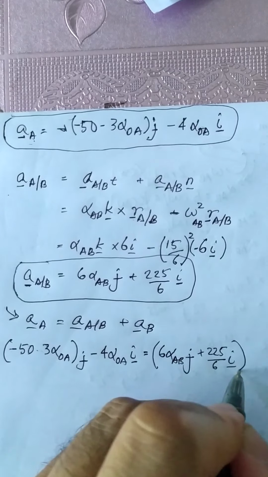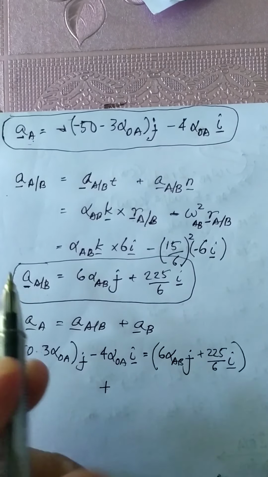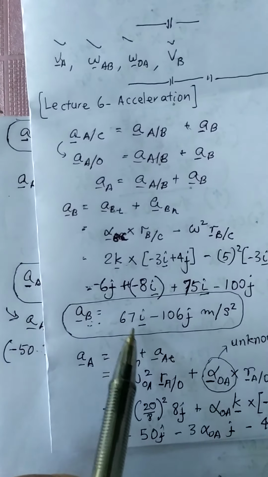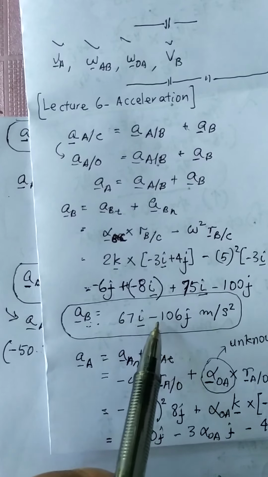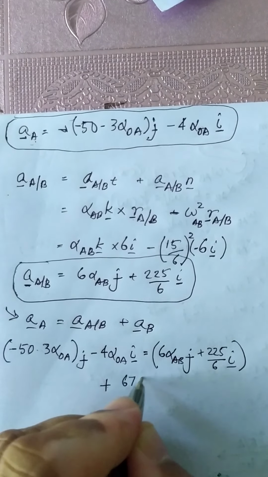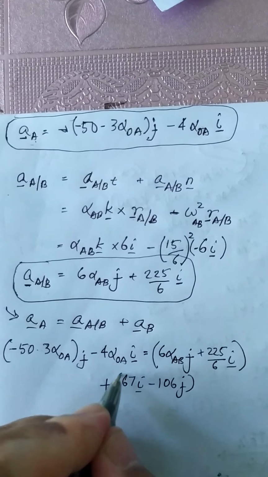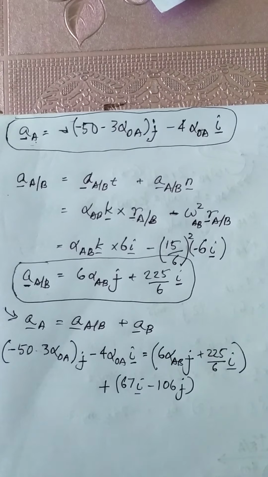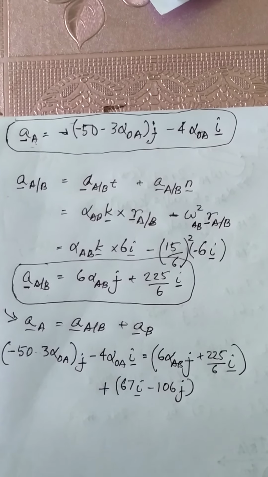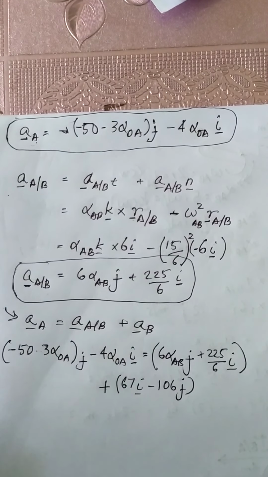This is one component, plus, I don't have the space here, so I'll just bring it down. We have a_B, which we have calculated before, is 67i minus 106j. So we might want to simplify the whole expression so that we can manage it better.